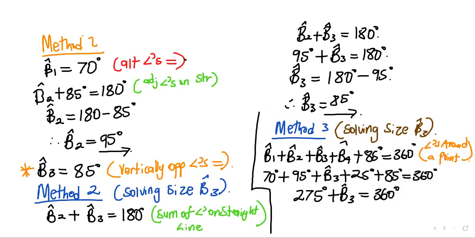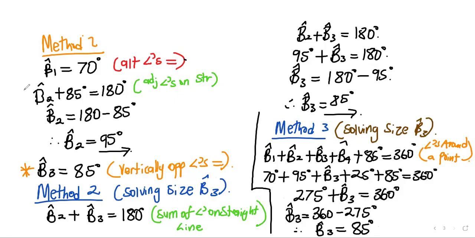That will be us now saying the size of angle B3 is equal to 360 degrees minus 275 degrees. Therefore, the size of angle B3 is equal to 360 minus 275. That is 85.